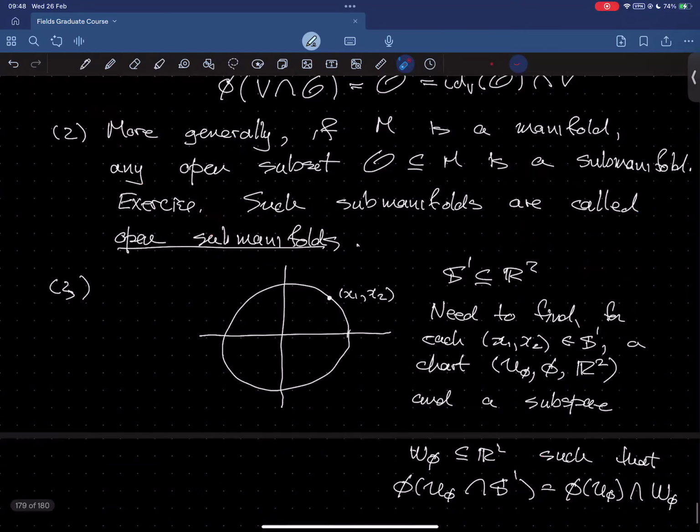If you think about what I need to do here, I need to find coordinates for R2 so that one of the coordinates is 0 along the circle. Certainly if you find a set of coordinates for R2 so that one of the coordinates is constant on the circle, then you can subtract that constant to make it 0.